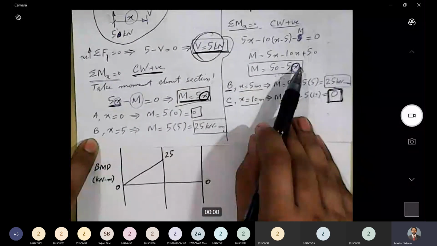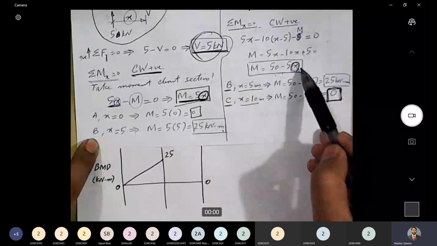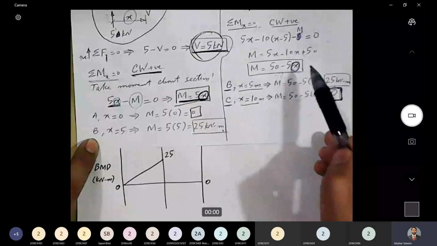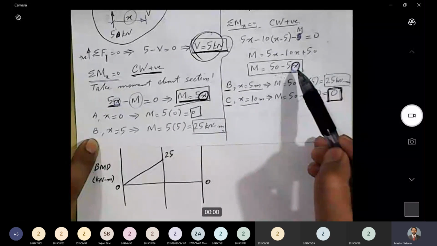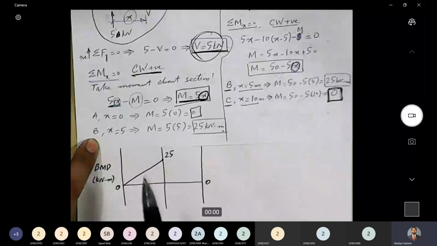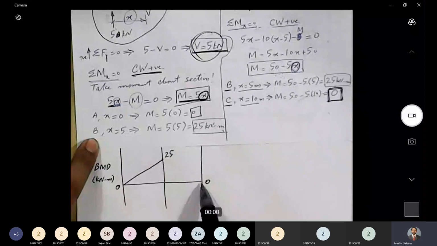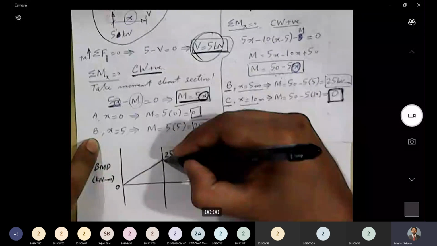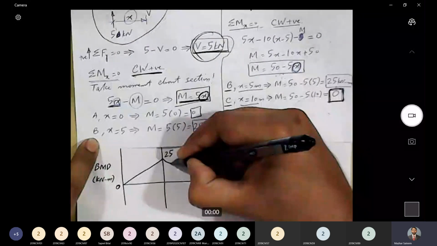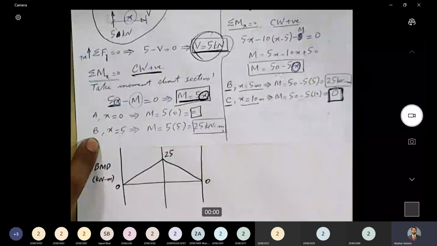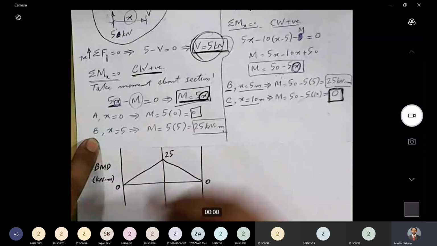Similarly, this is the equation of moment for portion BC, 50 minus 5x, and this is a single degree line. So we should join this point with this point through a first degree line. Here it is, a straight line without any curve.